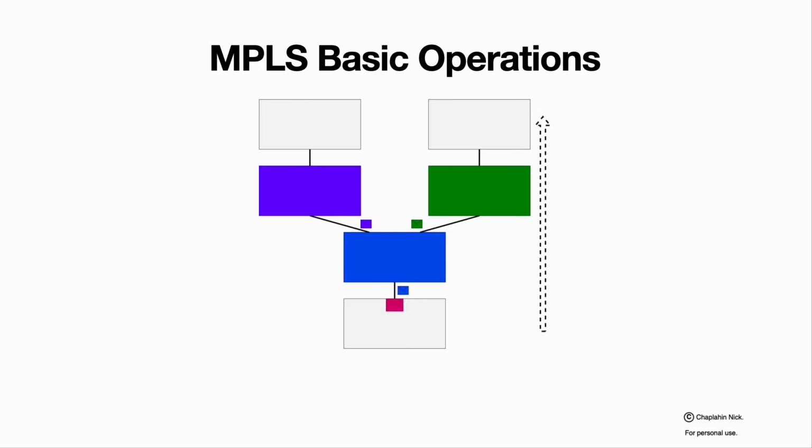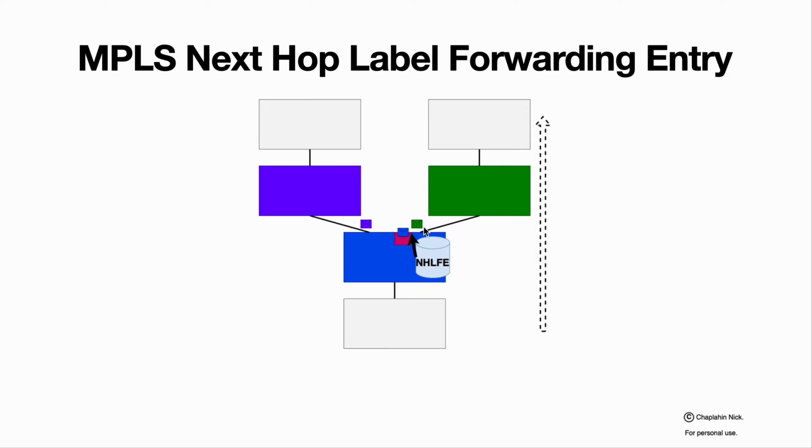Then first step is always to get an initial label classification. This is what happens when we are assigning frame to a FEC. We are assigning initial label. Then an NHLFE table appears, next hop label forwarding entry. In this case, we are asking for table based on the first label, and this table provides us information where to forward this frame and which label to add.